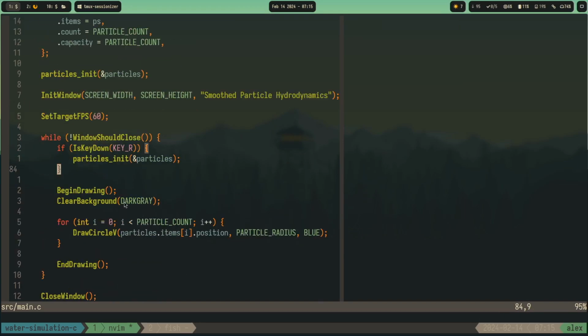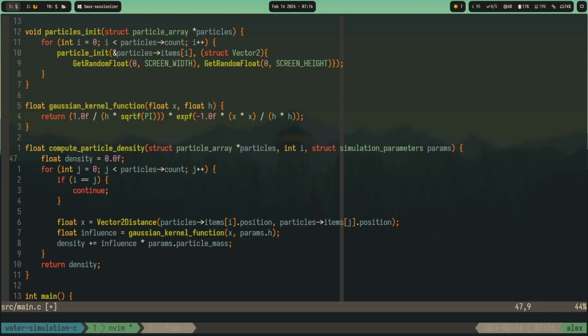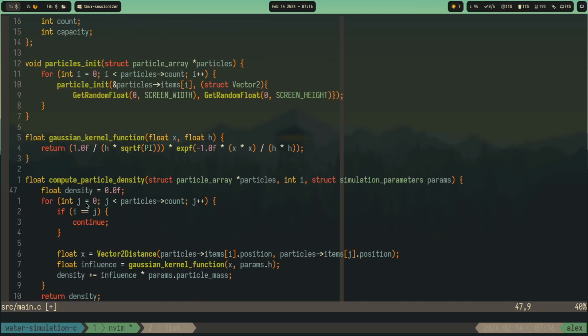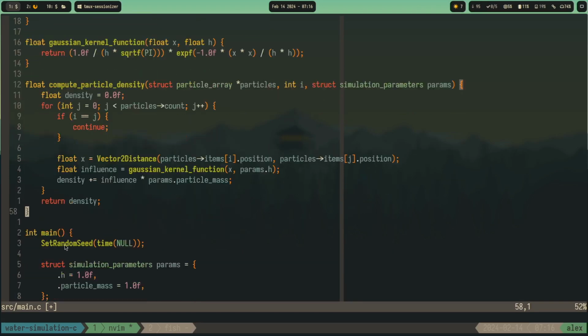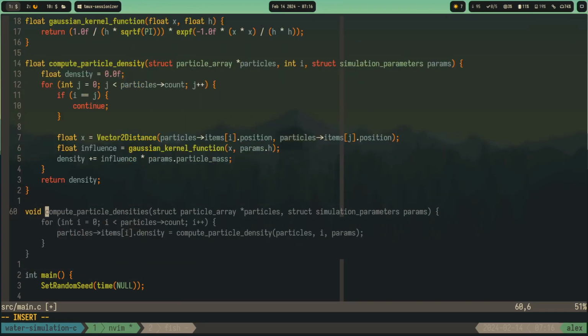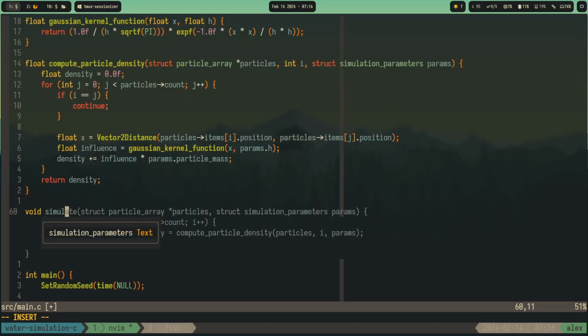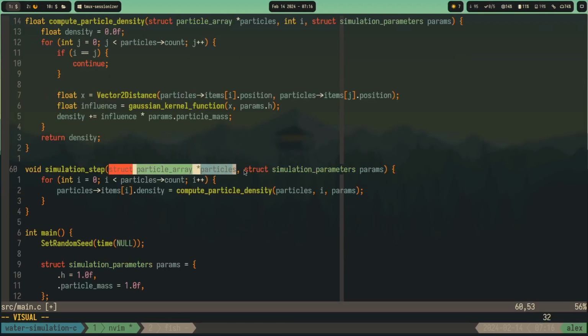So here, before we are drawing, we should compute the particle density. But let's make an update function maybe. So void simulation step. It should get all the particles in this thing, and the first thing is to just compute the density.